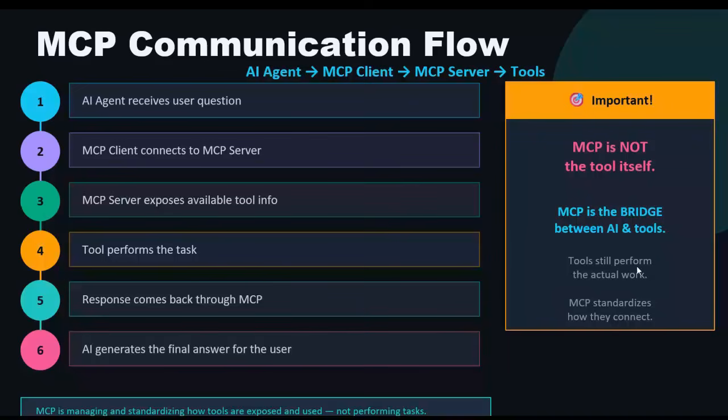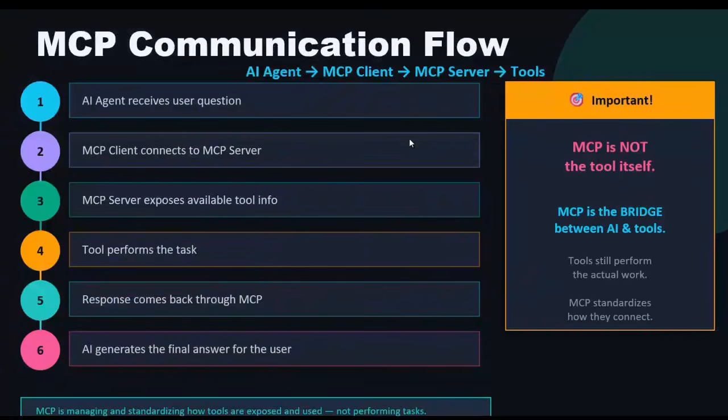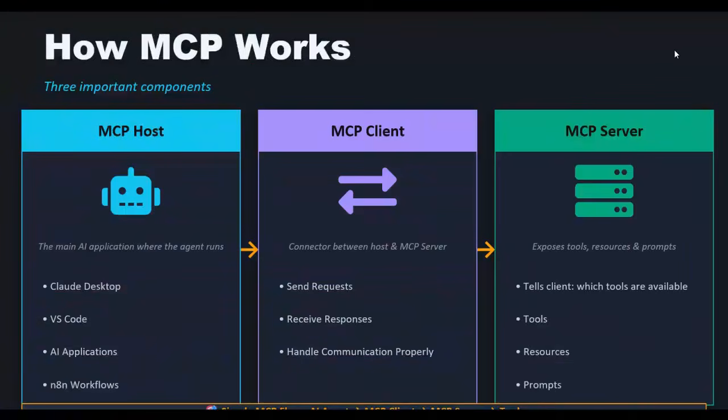To perform the task, we still require different tools. Please remember this, right? The tools still perform the actual work. Hope all of you are clear with this, right? If not, it will be clear shortly when we discuss MCP architecture. And also at the end, we will take this complete example with the help of MCP. Let's move on and understand how MCP works.